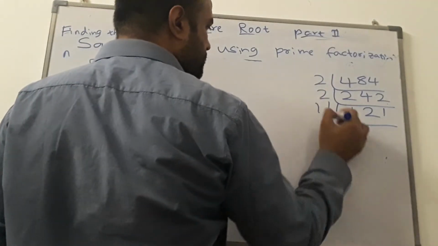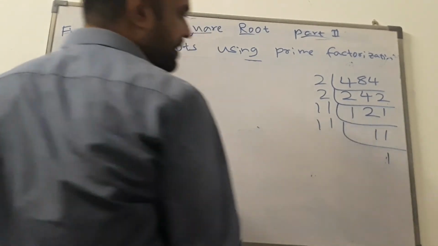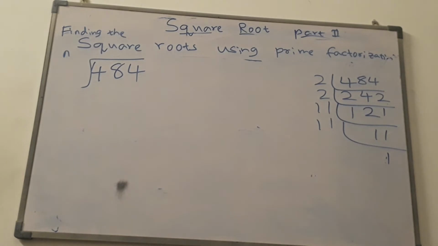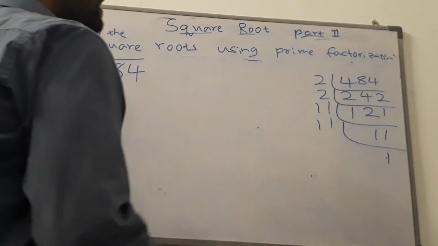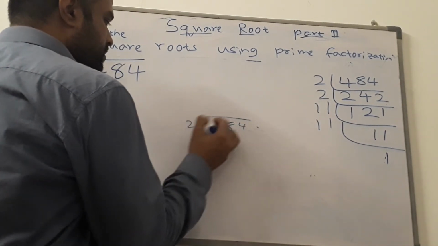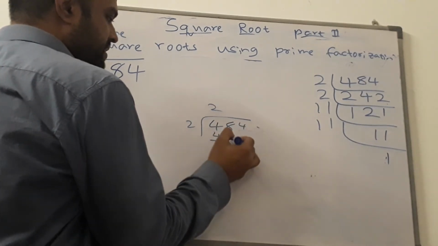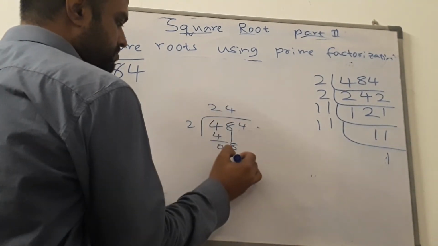Now we can divide 121 by 11. We get 11. 11 times 11 is 121. So this is how we factorize. First we have to divide 484 by 2. 2 times 2, 4, no remainder. So it comes 4.